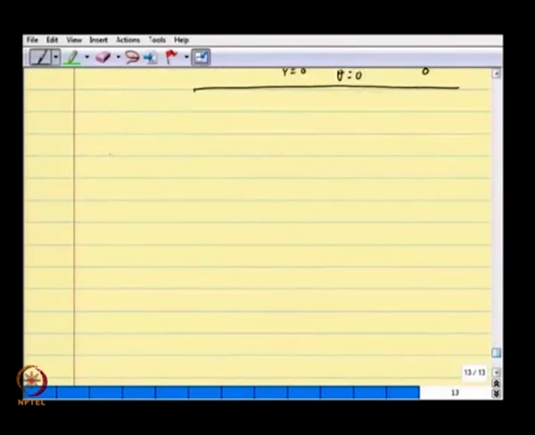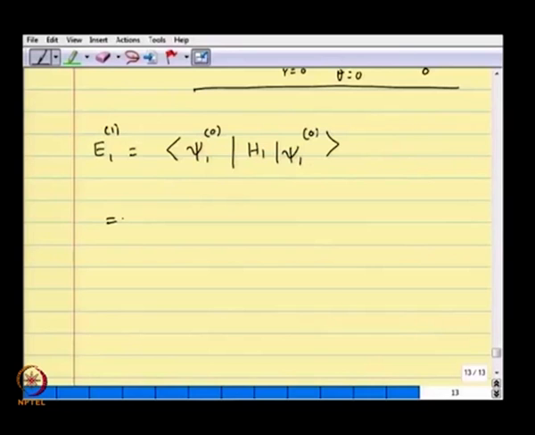And if we look at the first order correction E11, then it is psi 10 H1 psi 10, and I have written this down as R10, or NL, of R square.